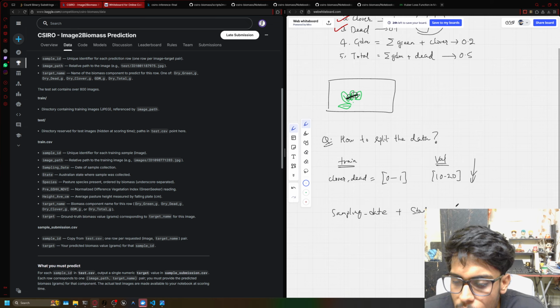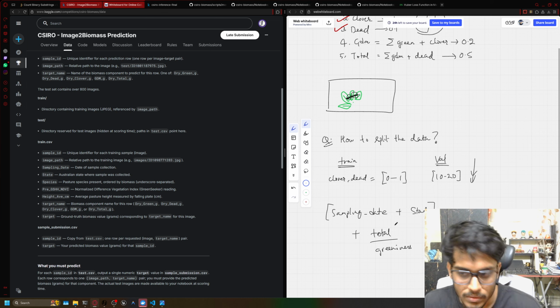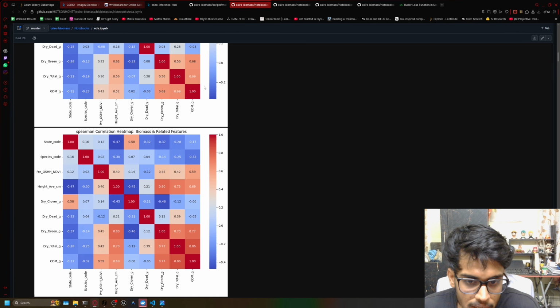So what I did was fine tune it with a ratio of total upon greenness. I did multiple iterations, and after that I was able to see some good splits. So by doing that I got a good split like this.